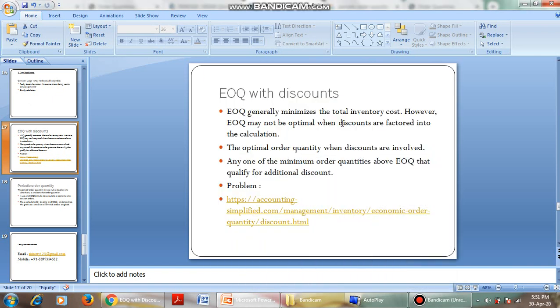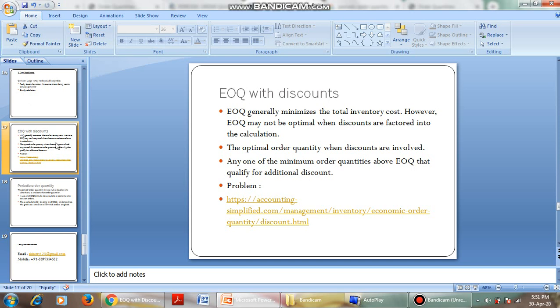Let us see EOQ with discounts. This topic is in operations management also. Whenever you purchase inventory in bulk amounts, in lots, suppliers offer some discounts.